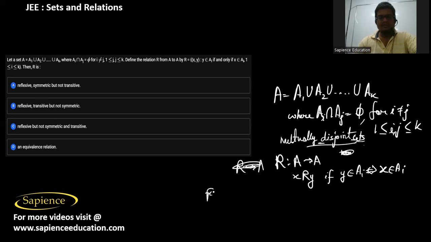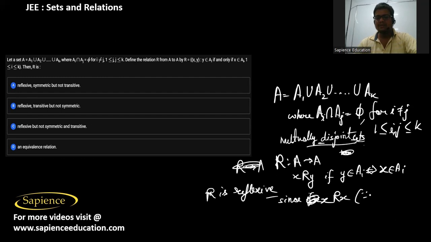So R is reflexive. R is obviously reflexive, since X is related to X, since if X belongs to AI, then obviously X will belong to AI also.